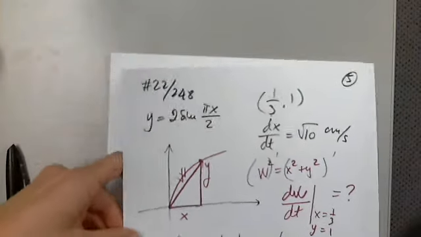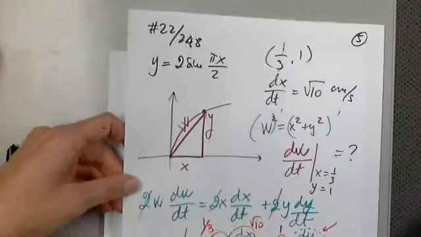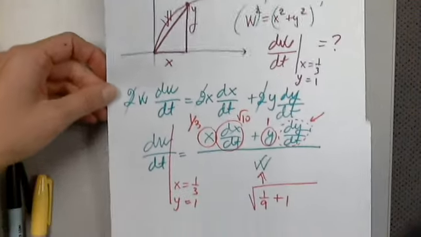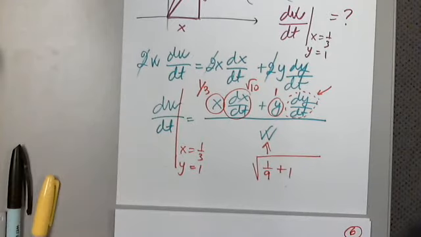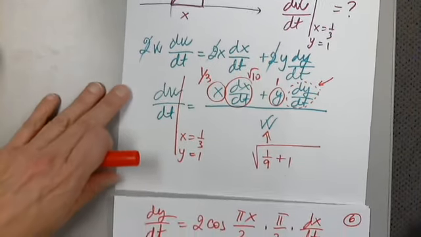So let's differentiate and find dy over dt, and everything else is done. So dy over dt equals 2 cosine pi x over 2 times pi over 2 times dx over dt. Let's see if this is clear.